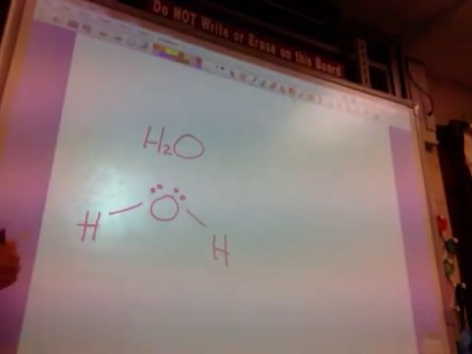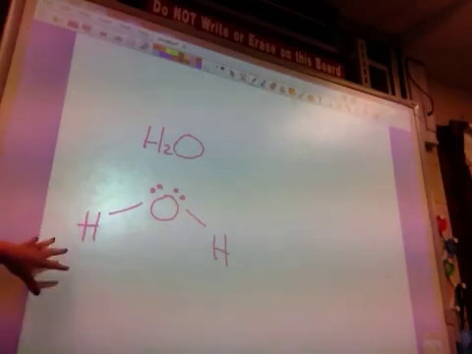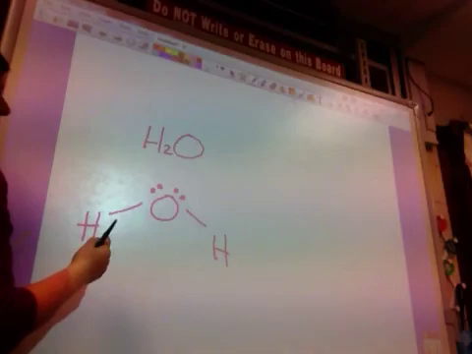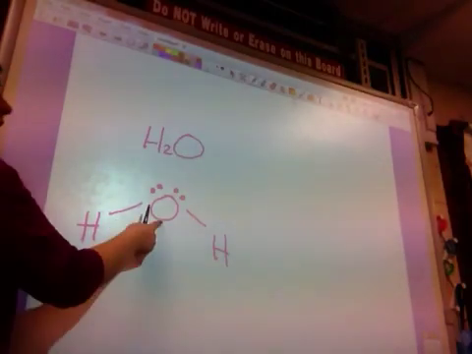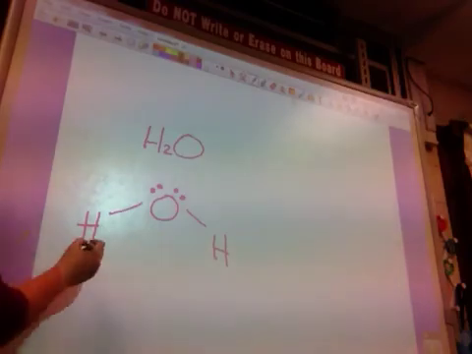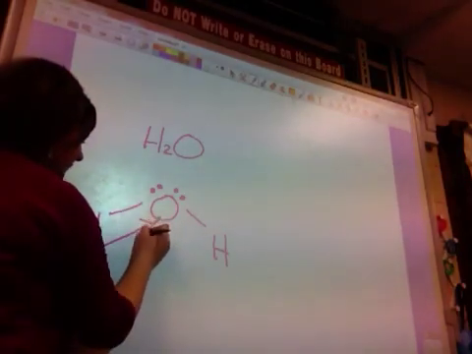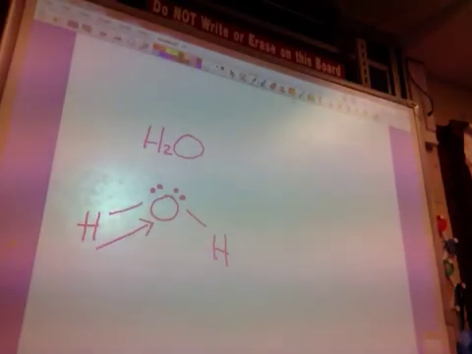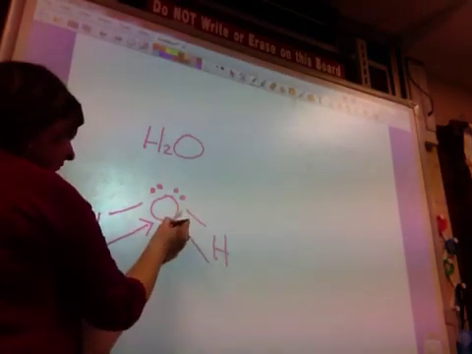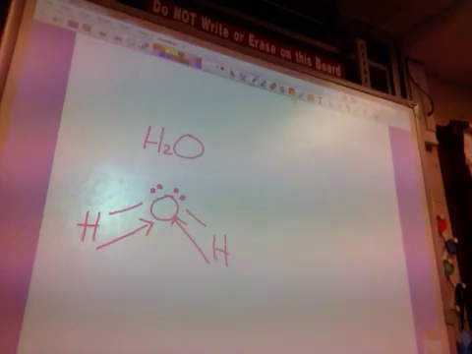That's the Lewis dot structure, or the Lewis structure for water. Now, I look at the electronegativity difference between oxygen and hydrogen. Oxygen is much more electronegative. So that means the dipole is going to be moving toward the oxygen. In this case, it's going to be moving toward the oxygen.